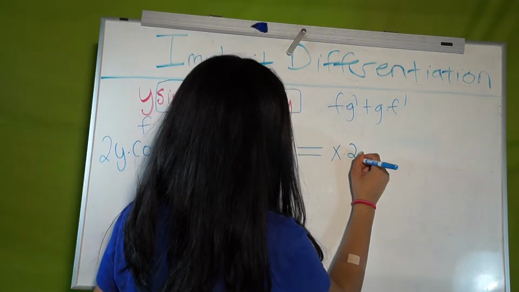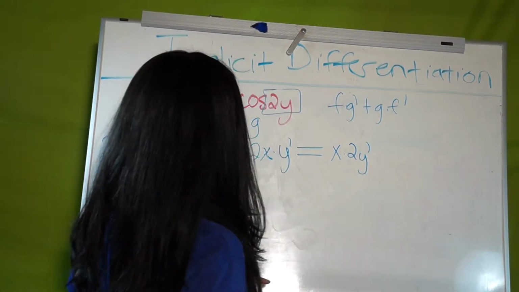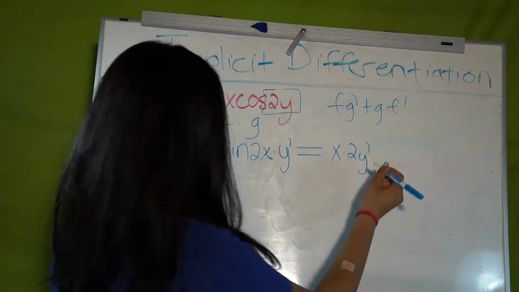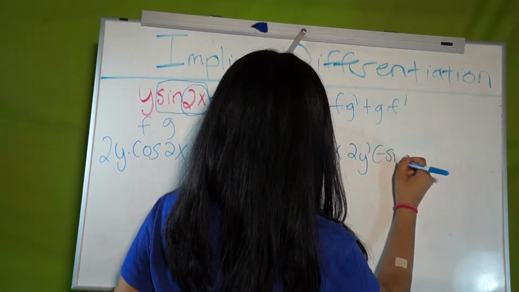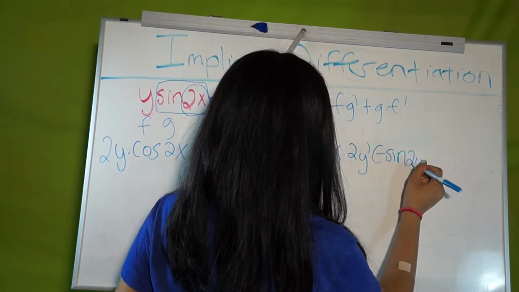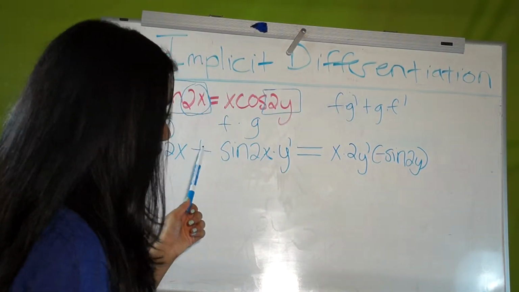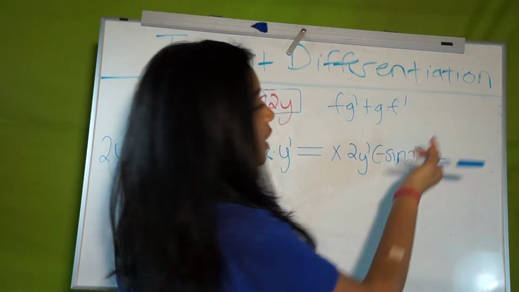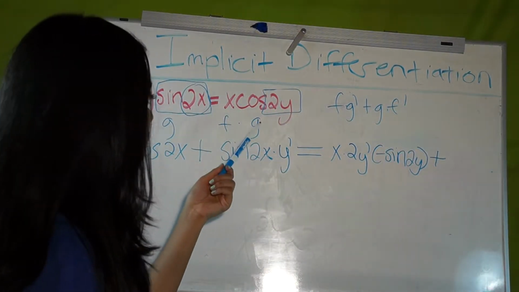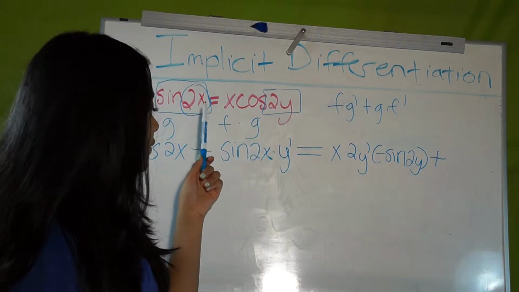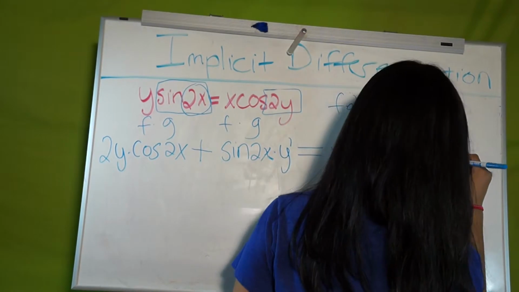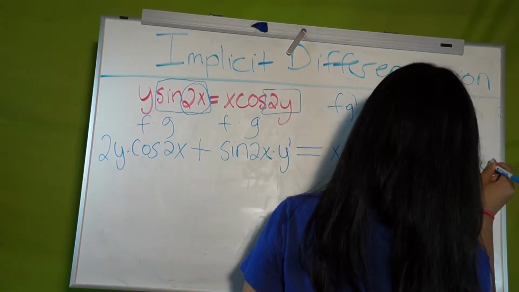So it'll be 2y prime, and then differentiate what's on the outside, which is negative sine 2y. Glad we got that done because it's kind of nasty. Plus g times f prime, so that means this times the derivative of x, which is just 1. So you'll have cosine 2y.